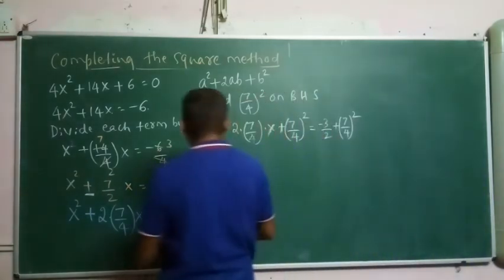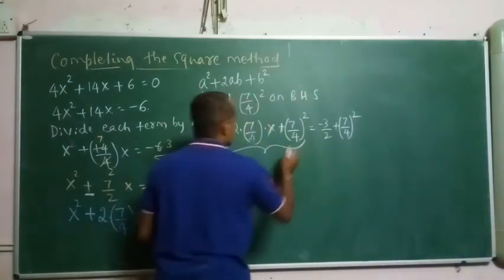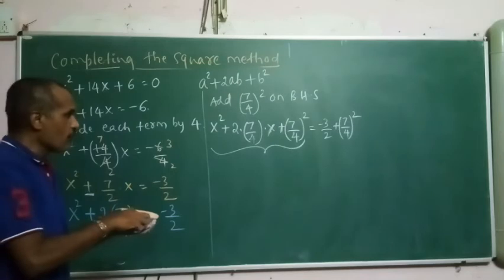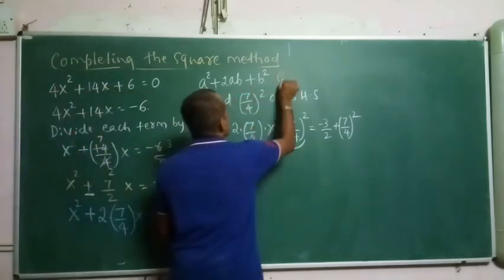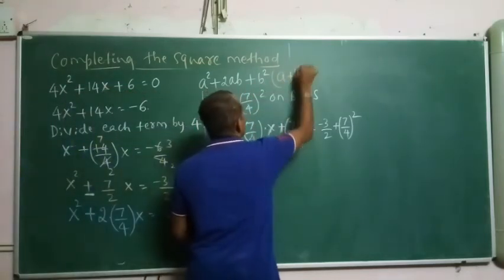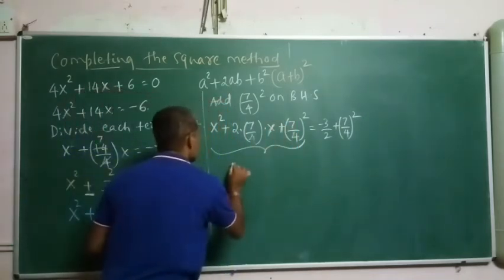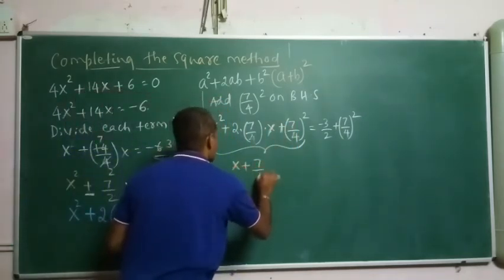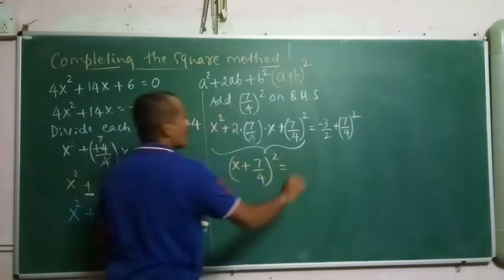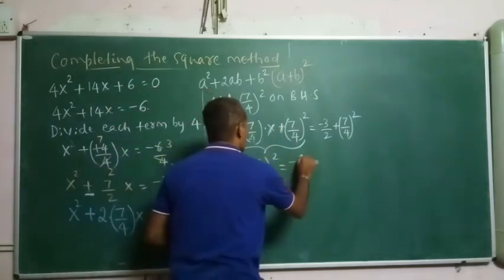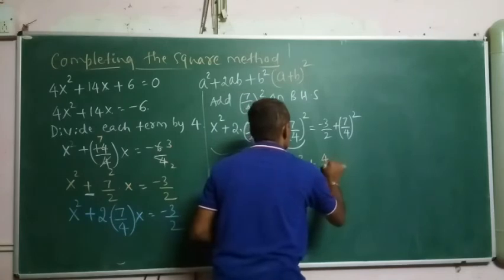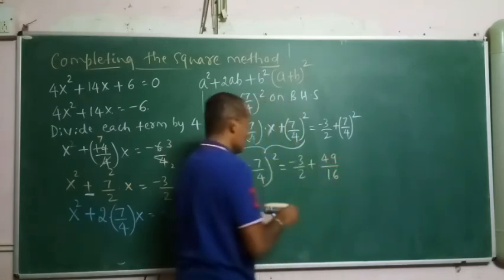Now my dear children, the entire LHS short form is a plus b the whole square. Come on. x plus 7 by 4 the whole square is equals to, simplify, minus 3 by 2 plus 49 by 16.